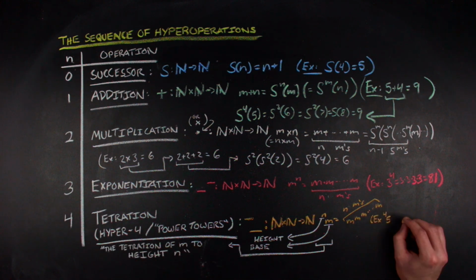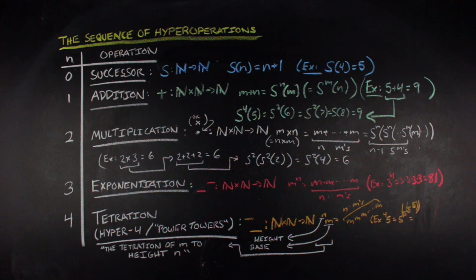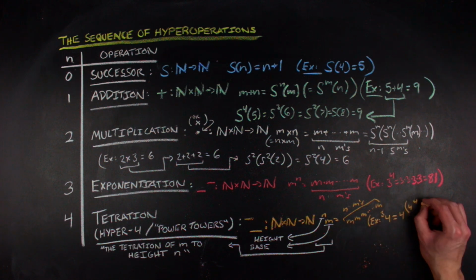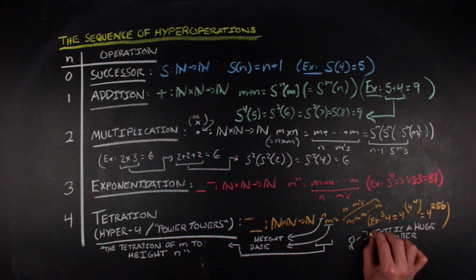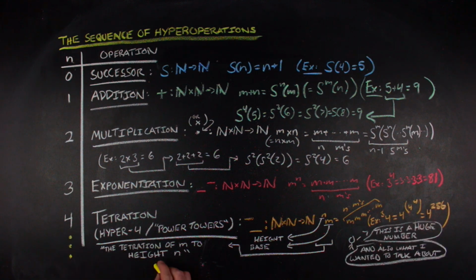So the one thing I want to note about tetrations is that, like in this example here, this number is massive. It's gigantic. And that was one of the original uses for tetrations. It was used as a shorthand for extremely large numbers, or estimating extremely large numbers. But there are kind of two ways that you can think about this if you're bogged down by the size of it.